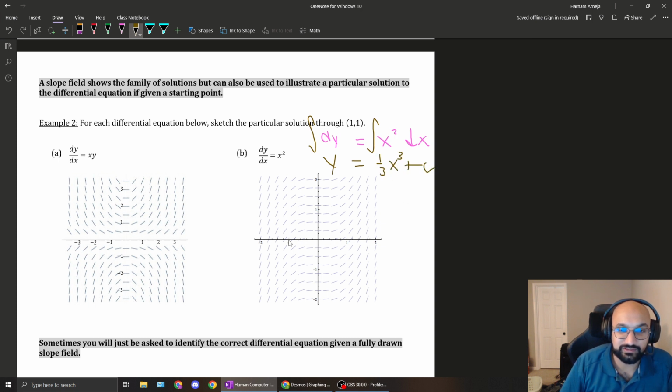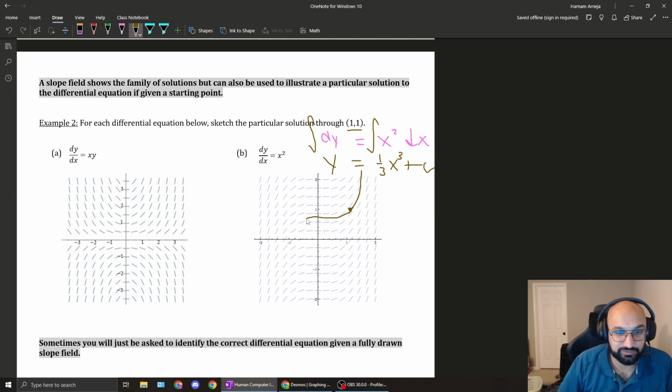And then take a look at this picture. What does this picture look like? Well, if you drew a dot, say you picked any one point, it tells us to pick the solution through (1, 1). So here's (1, 1). What do the solutions look like if they live here? Well, the slope here is going to be the same as the slope pictured. So the slope is going off to the right, then it's going to be getting steeper and steeper and steeper. And if you go to the left, it looks like the slope is getting flatter and flatter.